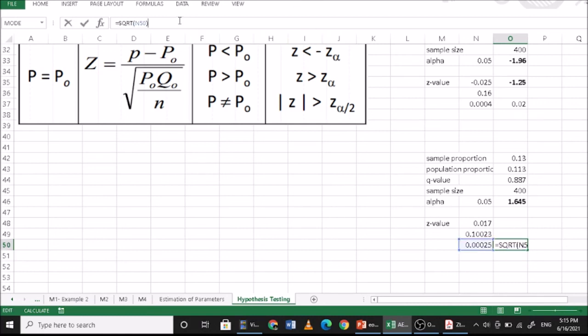So you get the square root of p sub 0 times q sub 0 divided by n. Then let's divide your sample proportion minus population proportion by this. So this is now 1.07, which is not greater than your Z alpha. Okay? So 1.07 is less than 1.645.